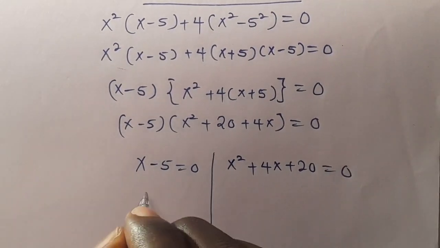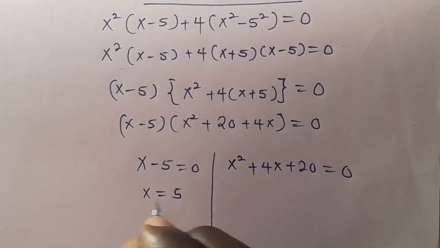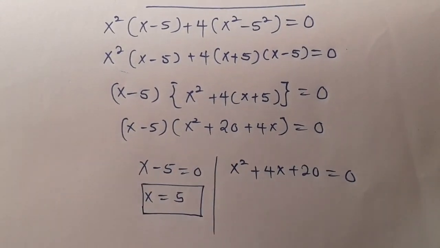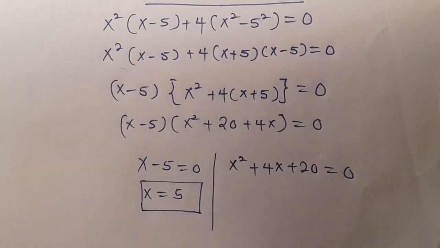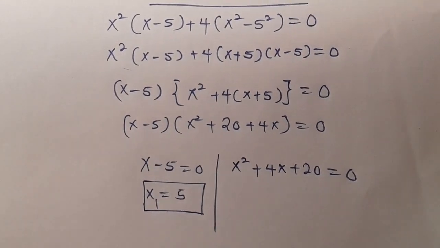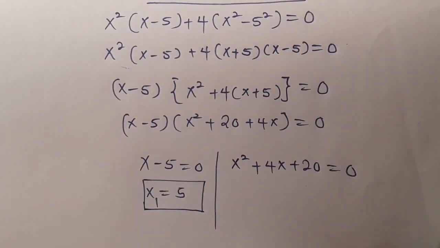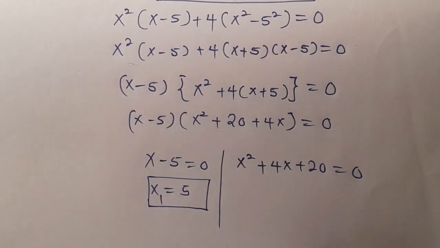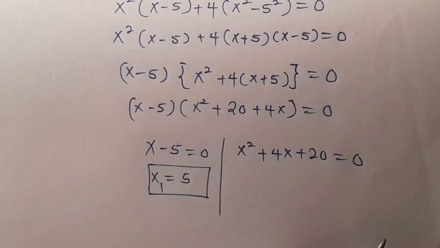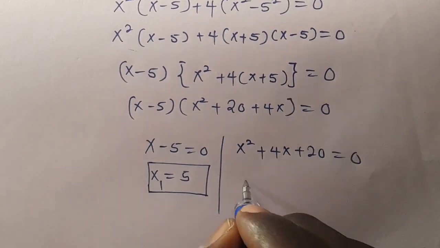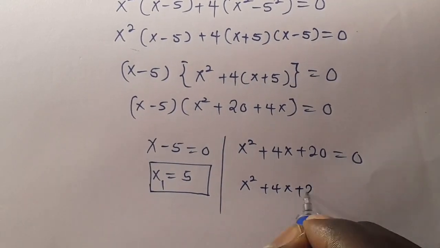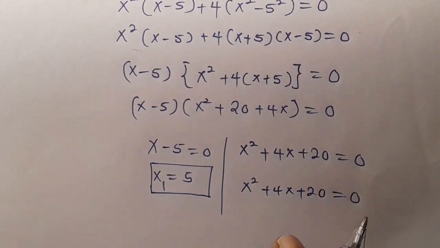So now from here we have our x to be equals 5, and we can assume this to be x1. Now from here we have x squared plus 4x plus 20 equal to 0.